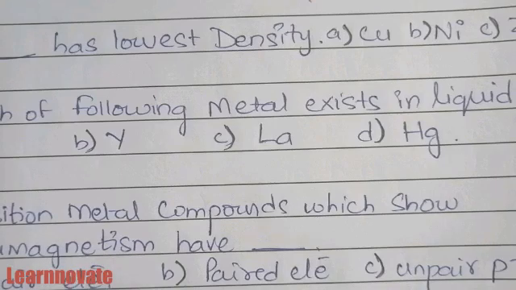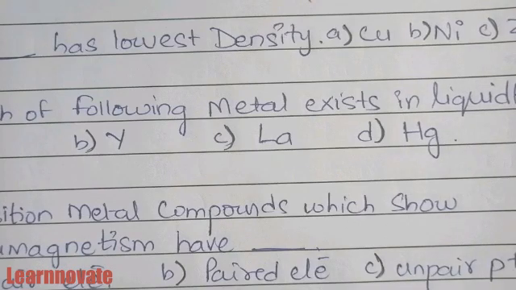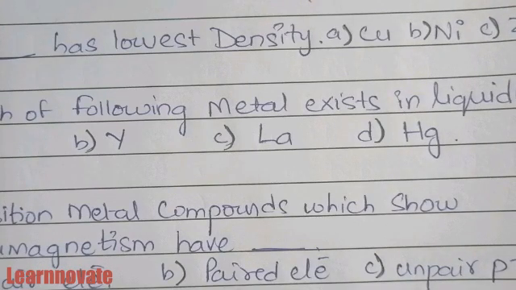For this question, the answer is option A, that is unpaired electron. Why? Because the property of paramagnetism present in the transition elements of the D block is based on the presence of unpaired electrons. When there are more unpaired electrons, they are attracted by the magnetic field and arrange themselves in the magnetic field. So option A is correct for question number 10.